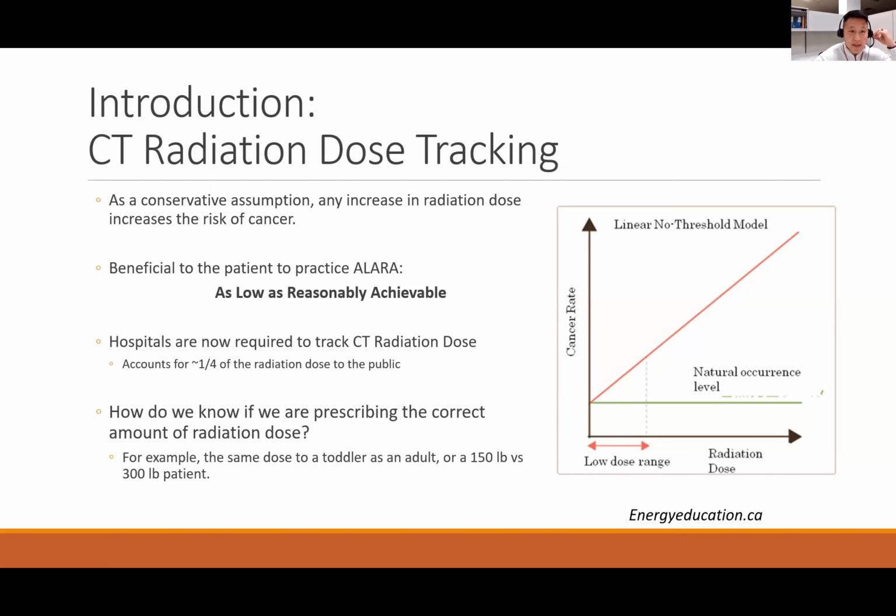This leads to my motivation for the project, and for taking this course. As part of my work, we are tracking radiation dose, but we have a limit that we use to flag patient scans in case we get a really high dose and want to investigate what went wrong or what we could have done better. But that limit is universal across patients.